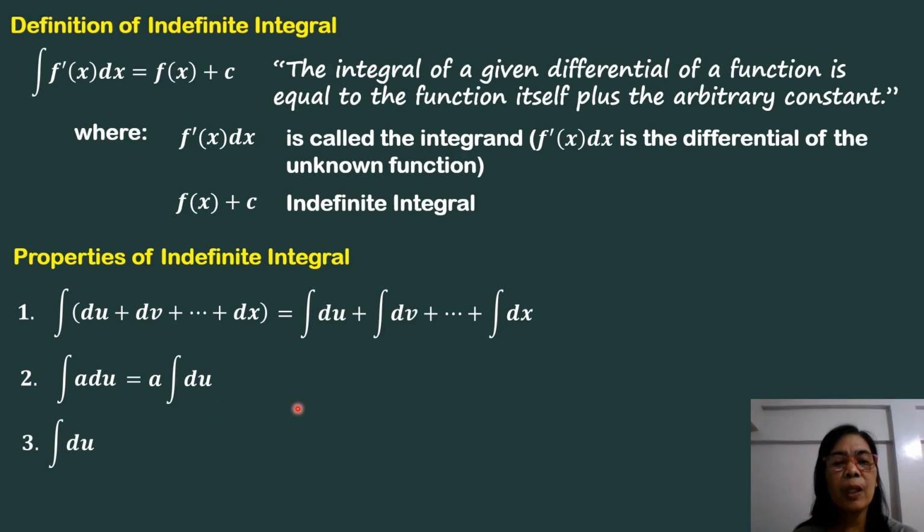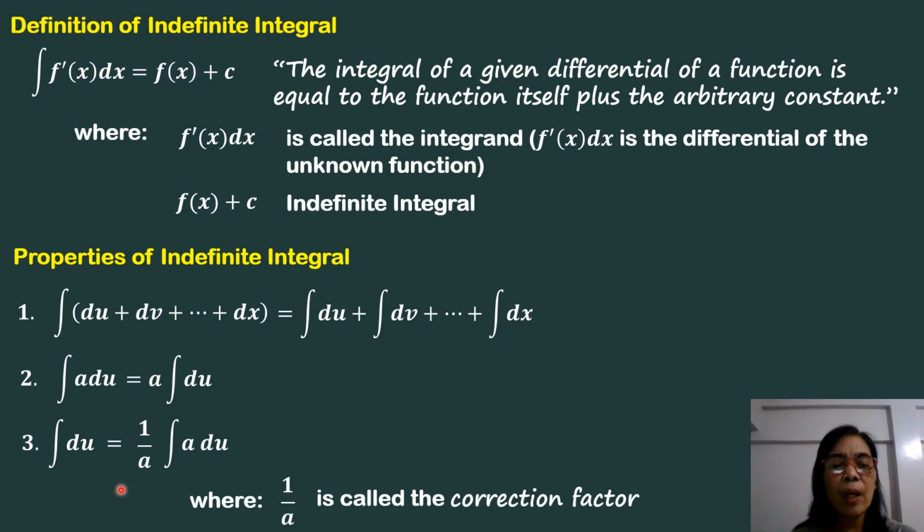The third property is you have the integral of a differential of a function. You may introduce a constant factor in your integrand, but at that same step, you have to multiply outside this integral the reciprocal of the introduced constant. This reciprocal, we call it the correction factor.